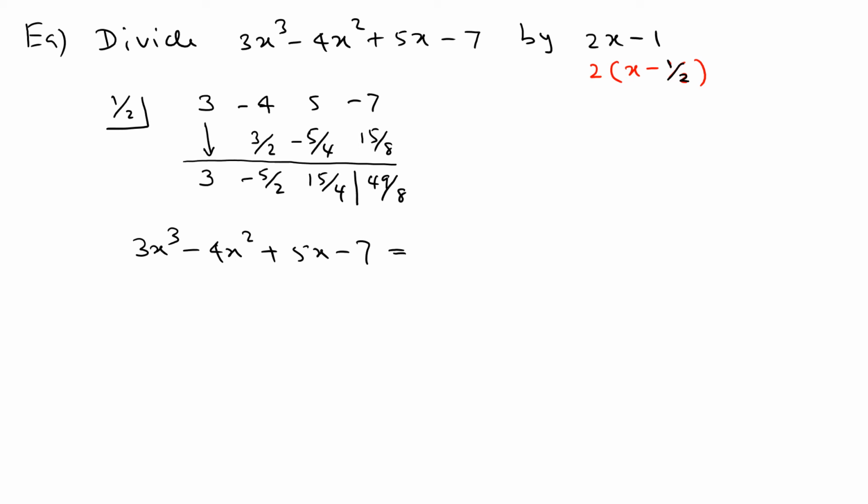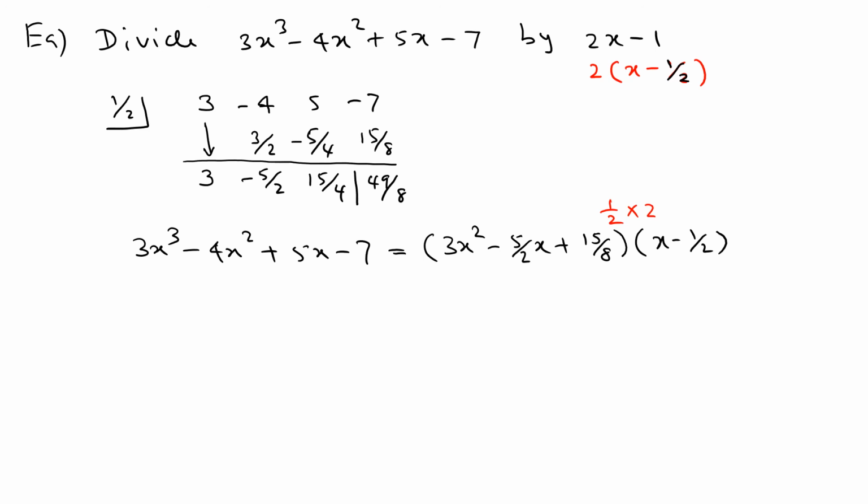There are 3 terms, that means it's 3x squared minus 5 half x plus 15 over 8 times x minus 1 half, because you divide by this factor. Now we can do a really nice trick, because you want to get your factor back. So we're going to multiply this side by 2, and that side by 2, because this is simply 1. So we're going to multiply the first factor by 1 half, the second factor by 2.